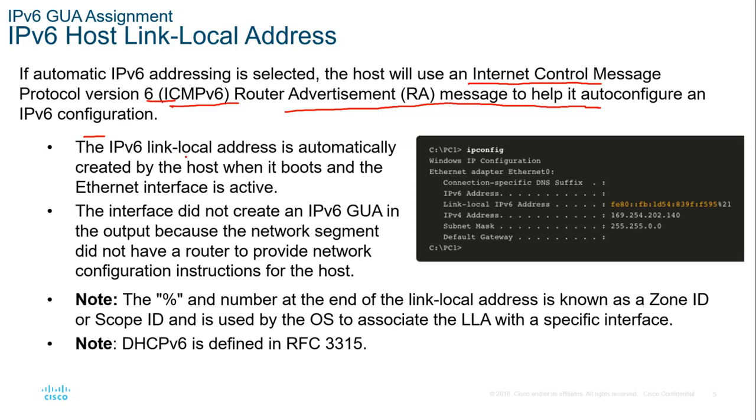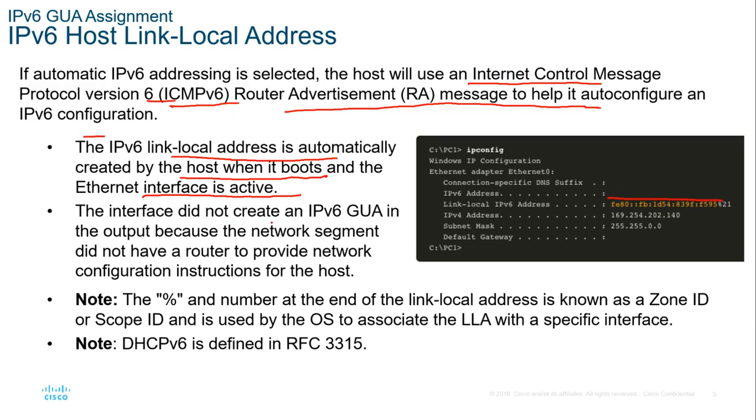So the IPv6 link local address is automatically created by the host when it boots and the Ethernet interface is active. So this one here is auto-generated. It is always auto-generated.